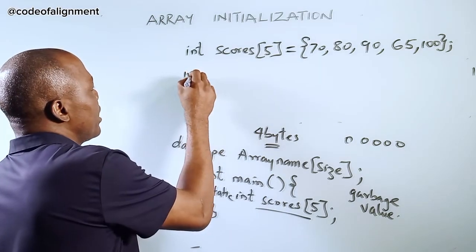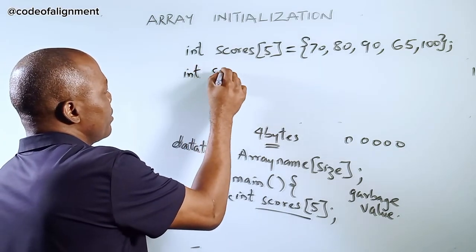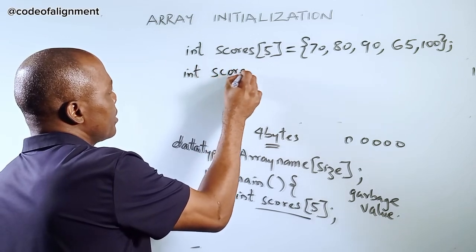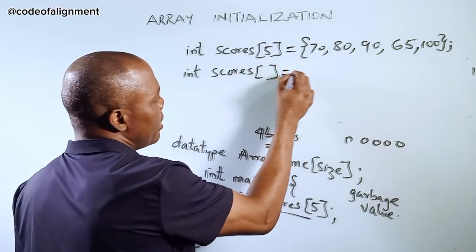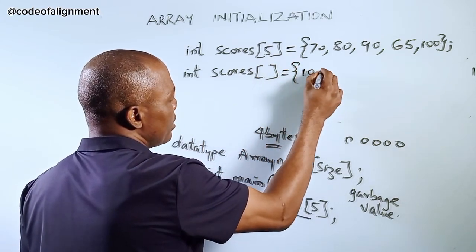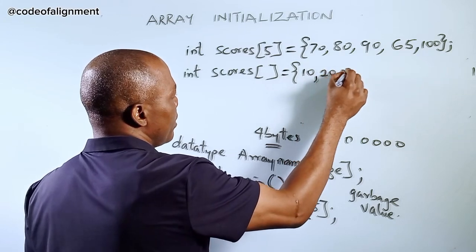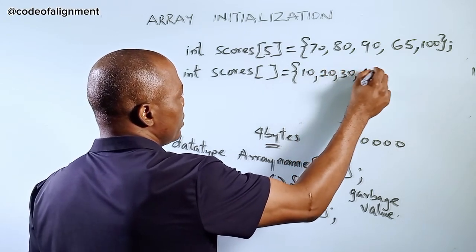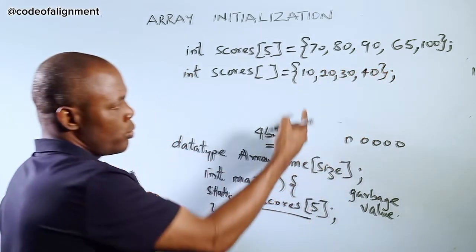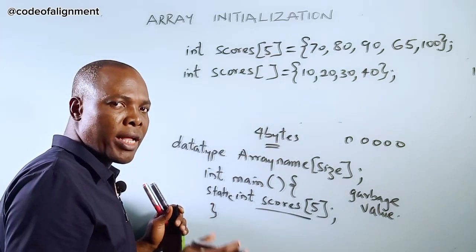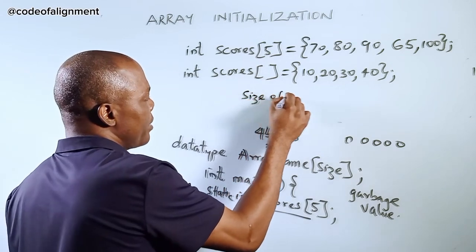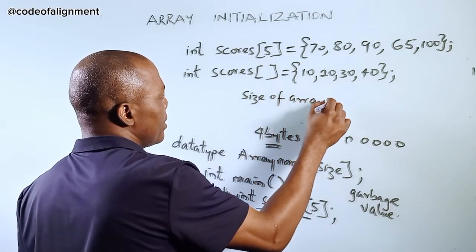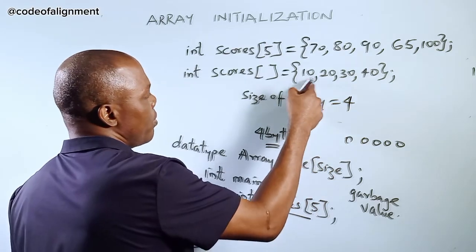Another method is that we can infer the size. Scores, and we will not put any value here. And then we will do 10, 20, 30, 40. So with this, the compiler automatically inferred that the size of the array equals 4. 1, 2, 3, 4.